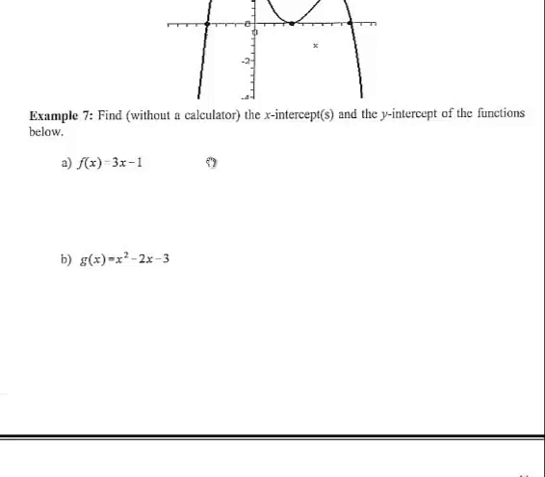Okay, so this section of the workbook is somewhat long, and I may actually be going a little bit slow, so I'm probably going to break this section up into 2 videos, but before I finish this one, I will finish this last example, example 7. This tells me find without a calculator the x and y intercepts.